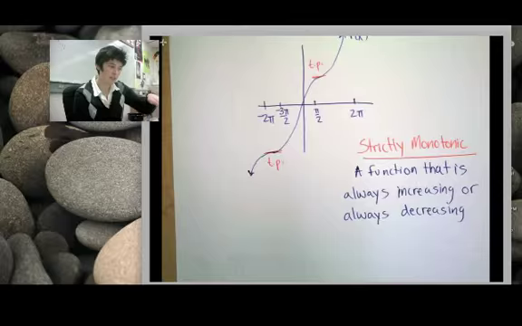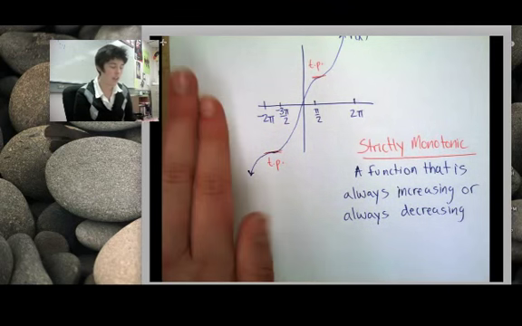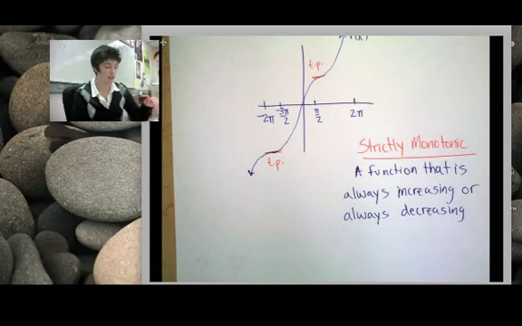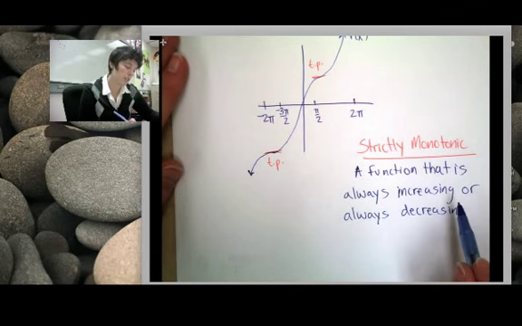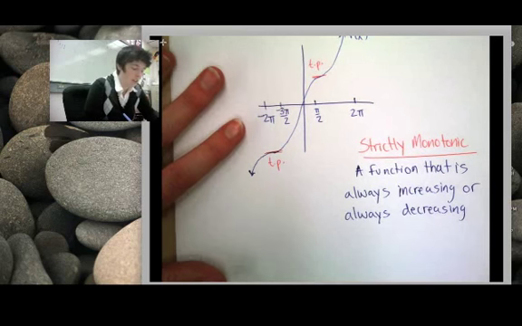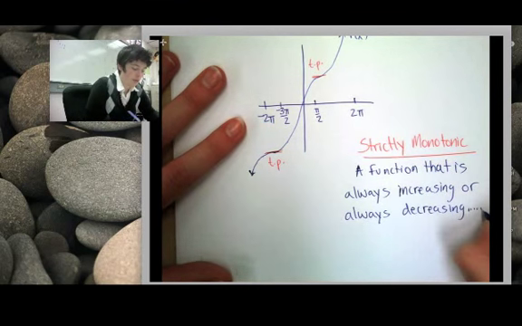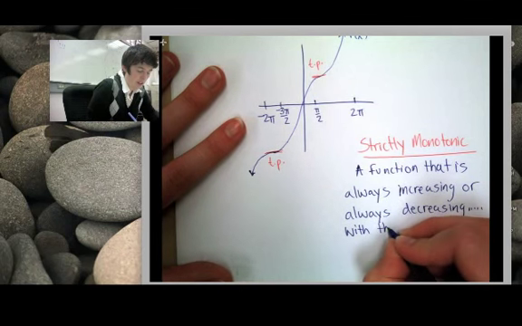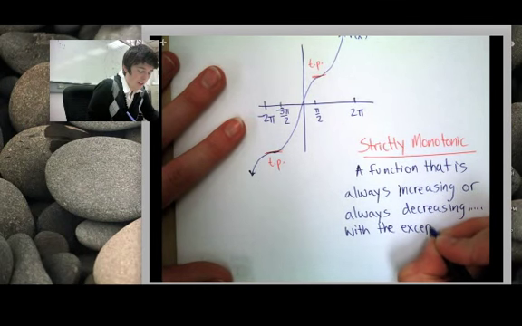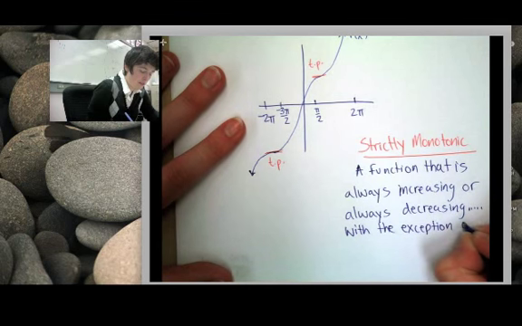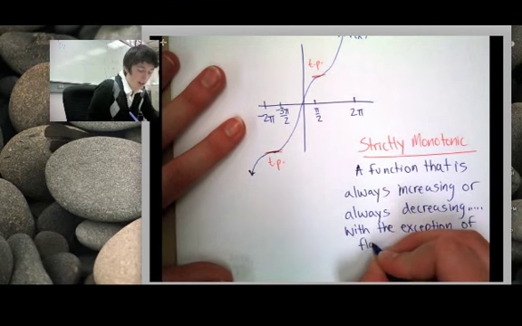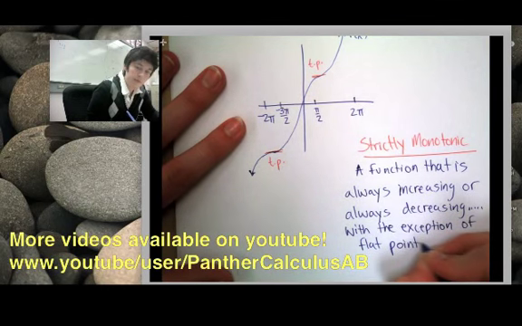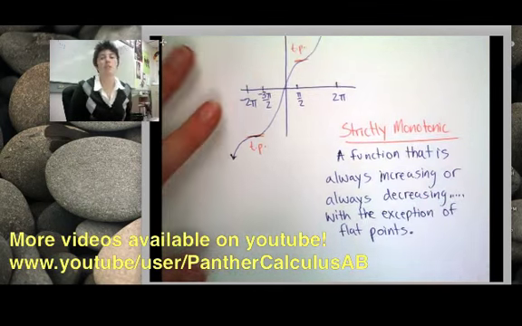Like it could go down, flatten out, go down, flatten out, and that would be monotonic as well. It's just as long as it always goes one direction. So a function that is always increasing or always decreasing, I'm going to write dot, dot, dot, with the exception of flat spots. With the exception of flat spots. Of flat, I guess I should say flat points, terrace points. So it's called a strictly monotonic function.